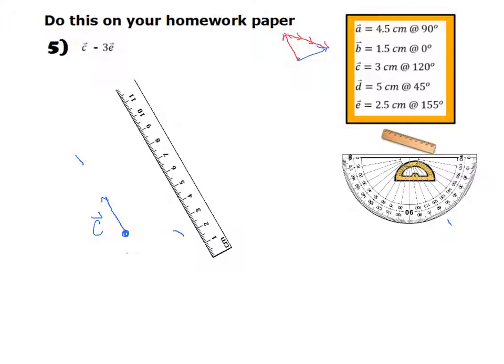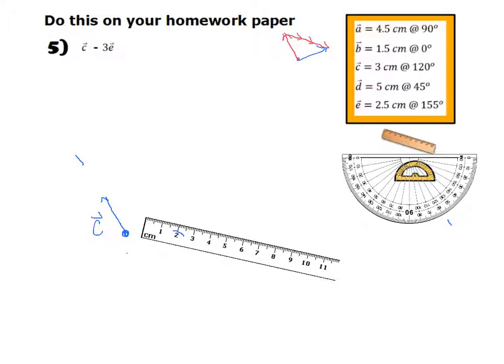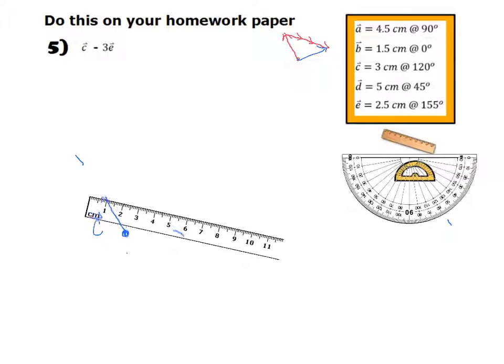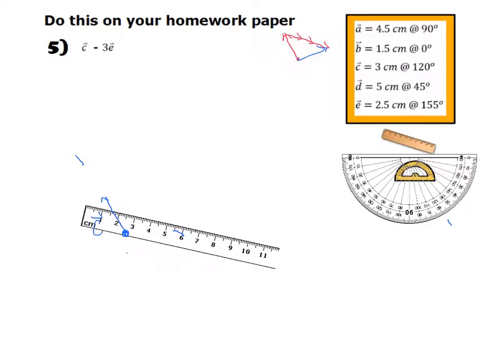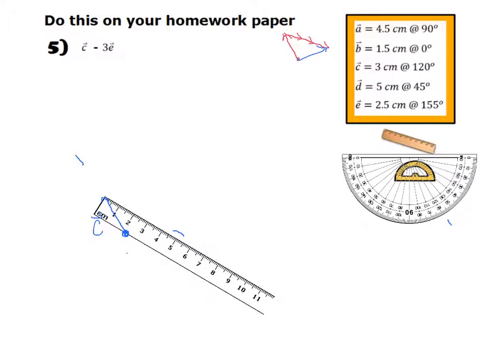So take this, let's flip it around the other way so that 0 is going to be on the tip of my vector here. Putting 0 right there-ish. You are putting yours there. But I got to hit my protractor line.